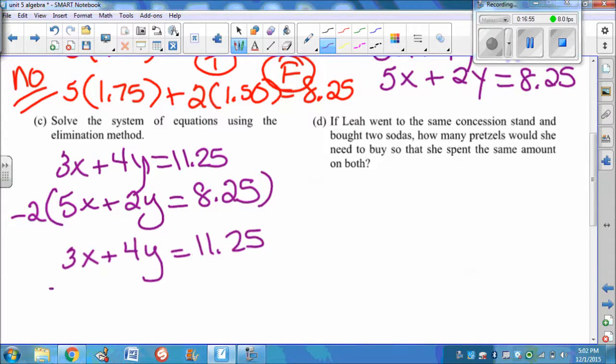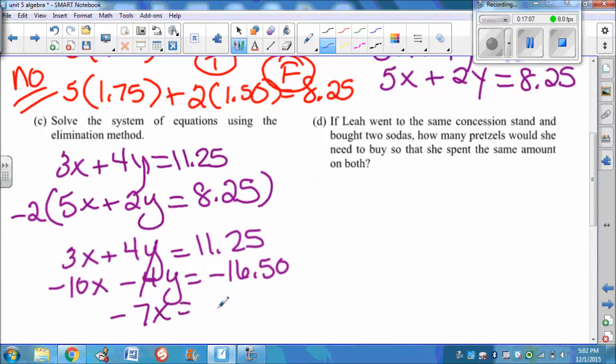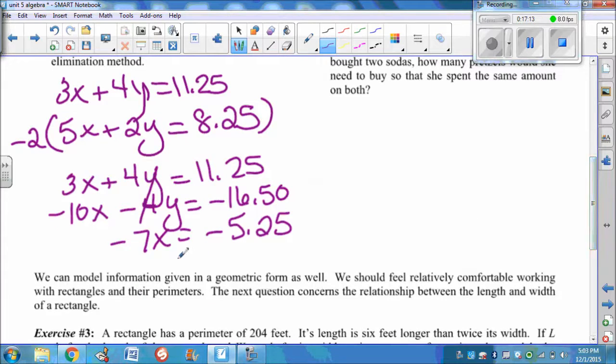But distribute through that -2, and we end up with -16.50. So now the y's end up eliminating, and we end up with -5.25, dividing by -7. We end up with x, the pretzels, are 75 cents.